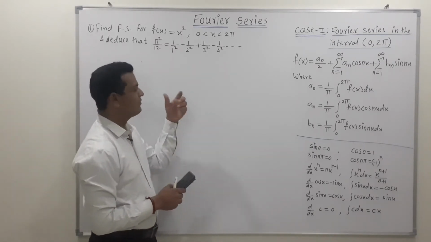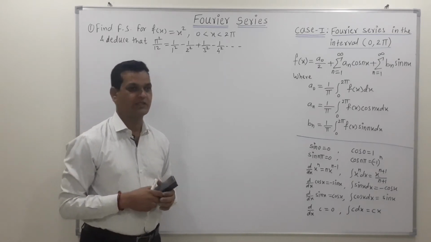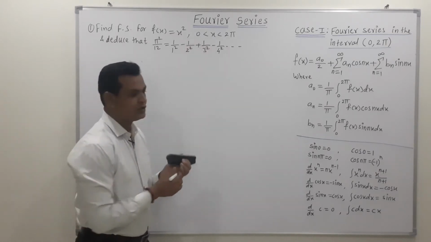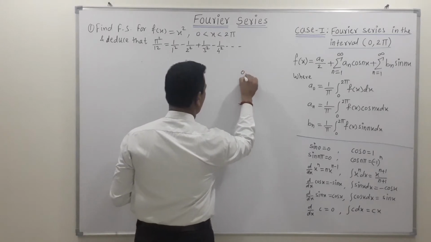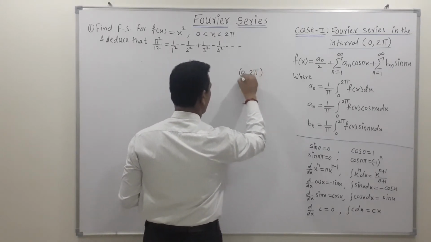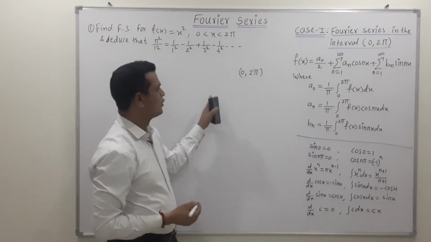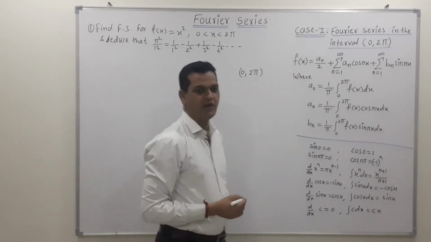Now friends, before solving any example of Fourier series, first check the value of the interval. Here the value of the interval is 0 to 2 pi. Whenever the value of the interval is 0 to 2 pi, this is the definition of Fourier series.